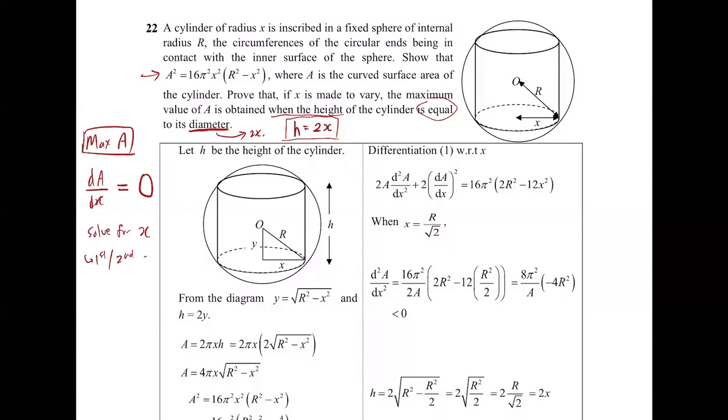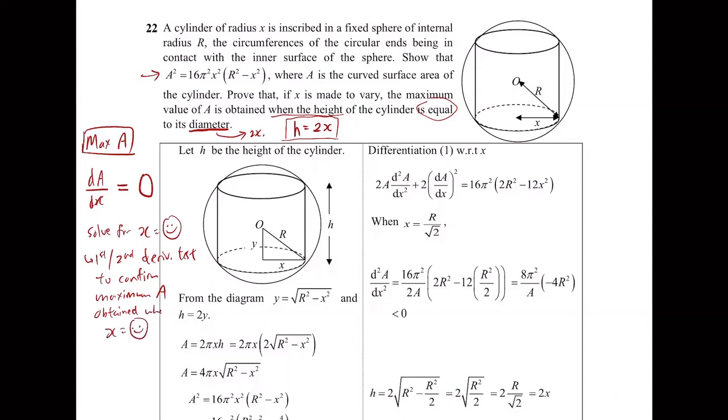First or second derivative test to confirm maximum. Area obtained when x equals to some happy face.